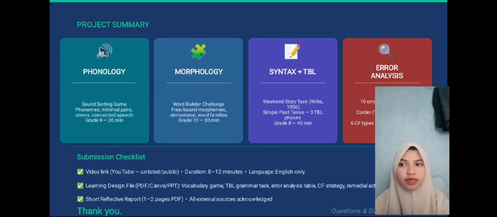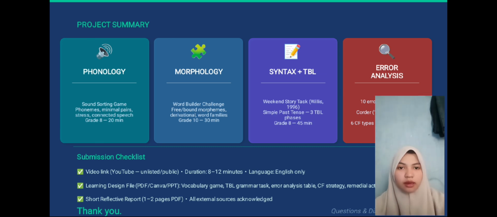The summary: phonology is the branch of linguistics that studies the sound system of a language. Morphology is the study of word structure, like free morpheme, bound morpheme, prefix, suffix, derivational, and inflectional.